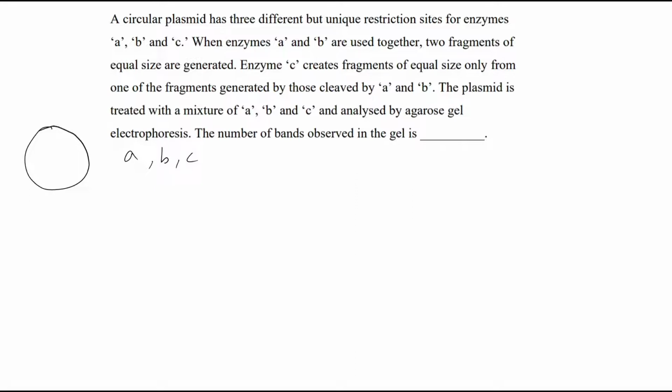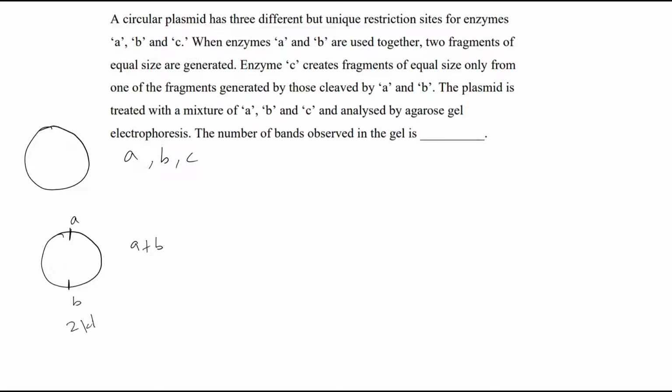So this is the plasmid, and if we use enzyme A and B simultaneously, it is generating two fragments of equal size. So if the site for A is here, the site for B should be exactly opposite, right?